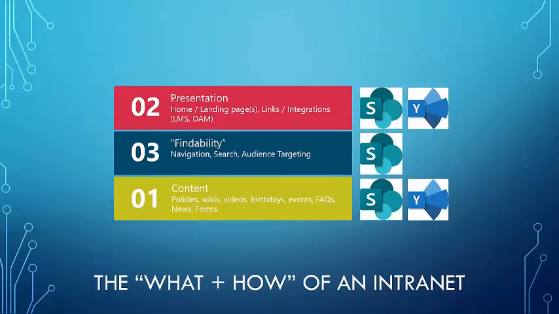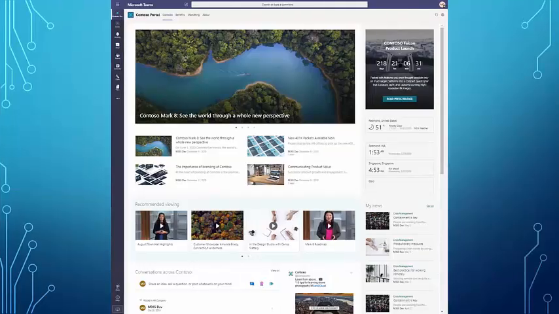If we go back to our earlier pillars, and we look again at the what and the how of the intranet, combining the two together, very much historically we would have had the content, the presentation, etc., represented in the products that we see on the right, the SharePoints, the Yammers, and whatnot. So ultimately the intranet is around the content, the presentation of that content, and the ability to find it as well.